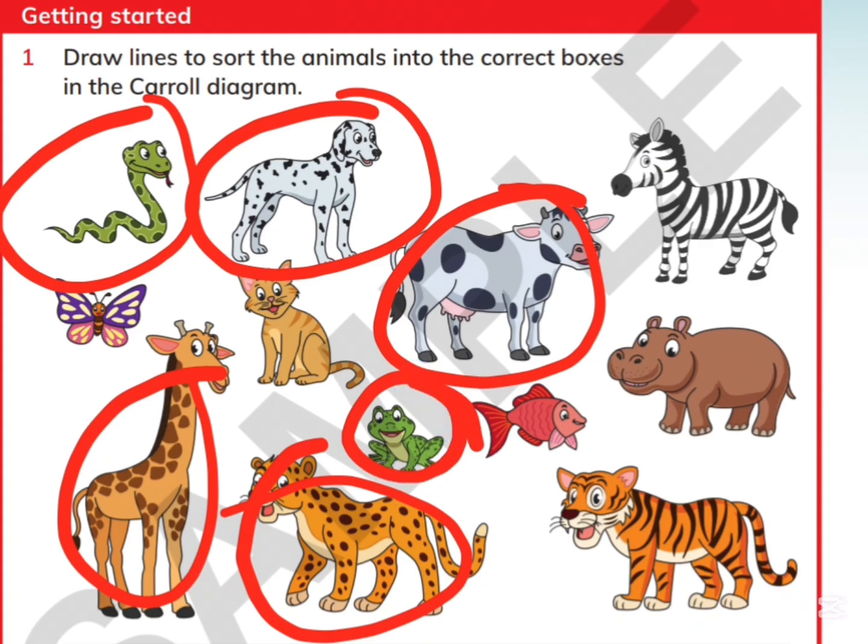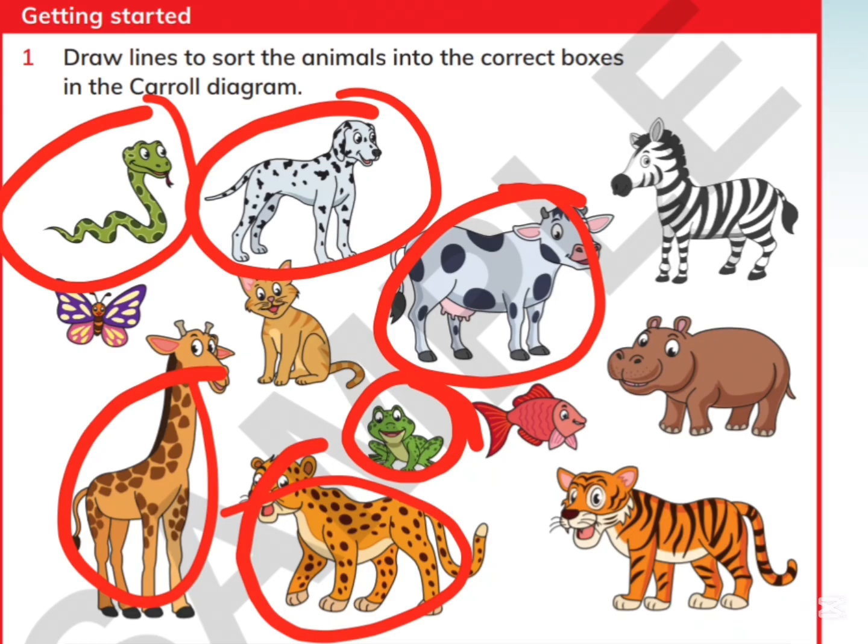And the butterfly, so how many are there? 1, 3, spotted animals will go here.